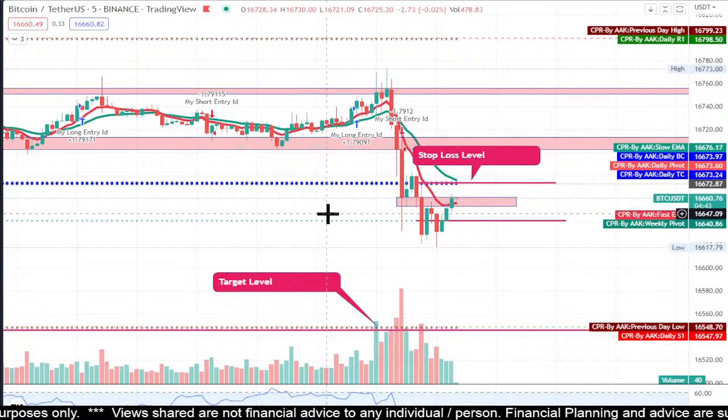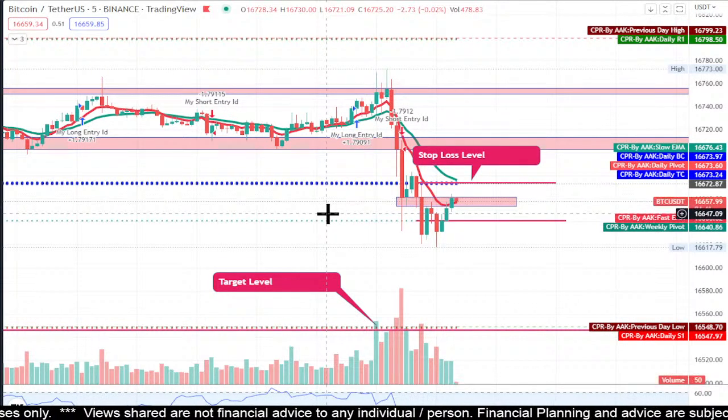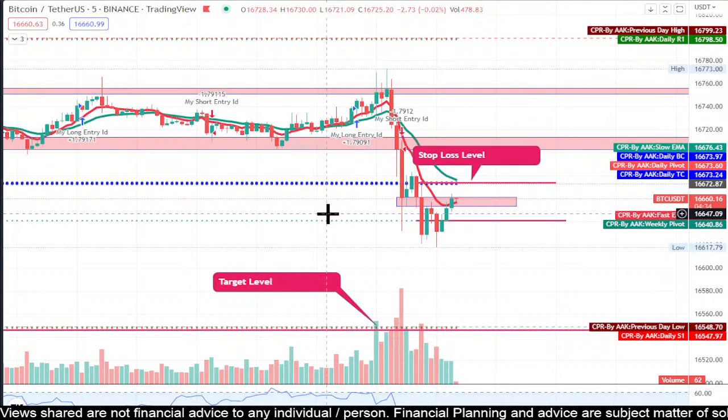Because it gave a trending, very fast and sharp fall of 100 points, definitely it might take a little more time to show the movement.